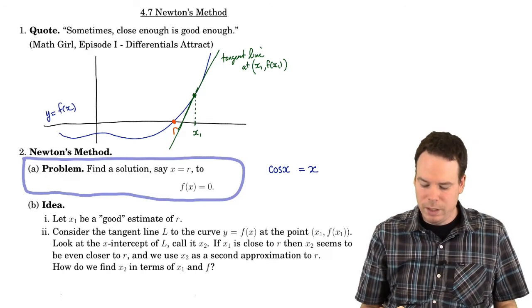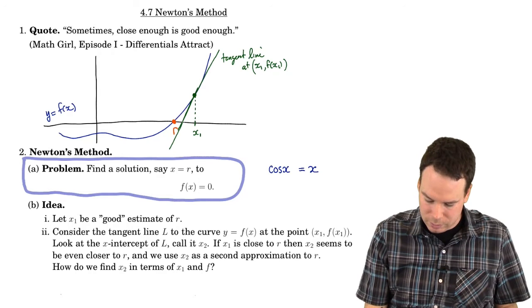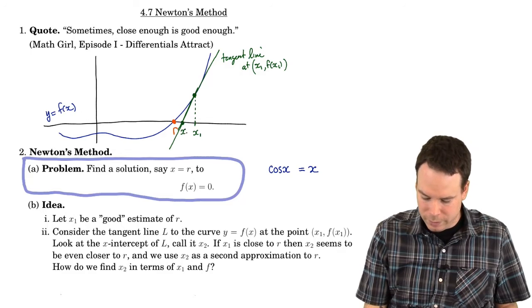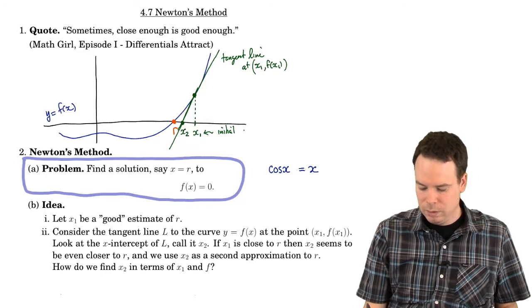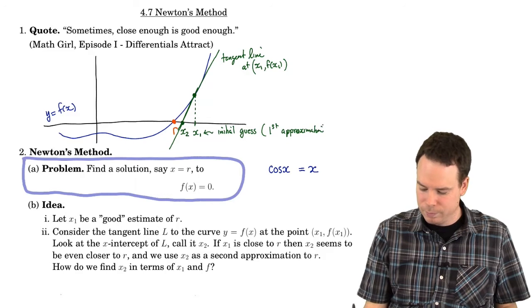And what do you do with this tangent line? Well, now you look at where the tangent line intersects the x-axis. So what is its x-intercept? And we call that x2. So the idea was, you have this initial guess, which we'll also call the first approximation. It's our first attempt at approximating the value of the root.